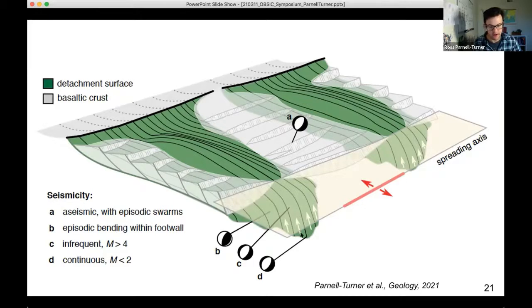We have microearthquakes going on potentially in the detachment footwall, marked by this beach ball B here, which maybe are due to footwall bending, but then maybe those are episodic, so they're not going on all the time. And then I've got this focal mechanism marked C, which I've called infrequent larger events. And I'm going to come on to what we think is going on with those larger events next.